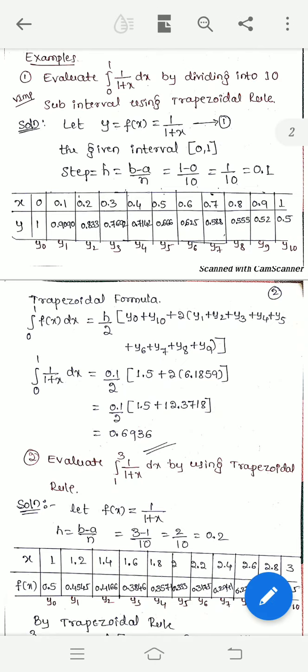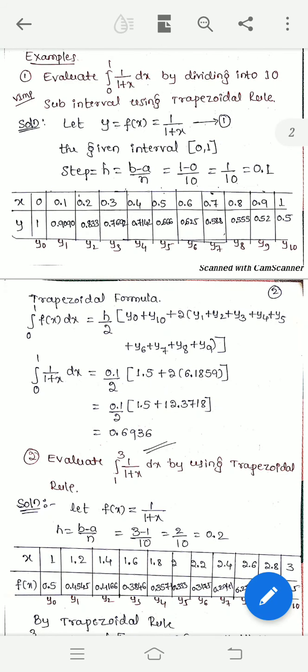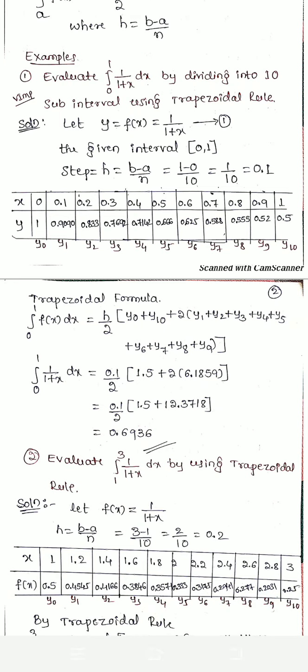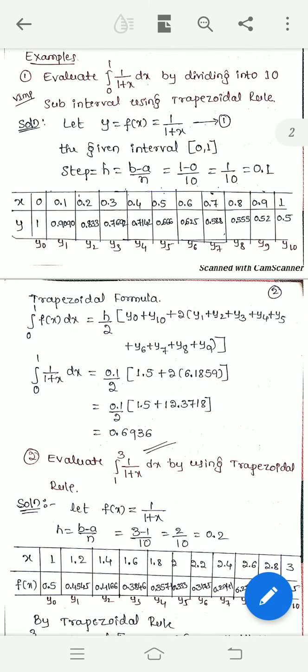Therefore y0 plus y10, plus 2 into all the remaining terms. The remaining terms means y1 plus y2 plus y3 plus y4 plus y5 plus y6, y7, y8 and y9. Okay, then we are going to calculate using the calculator here.